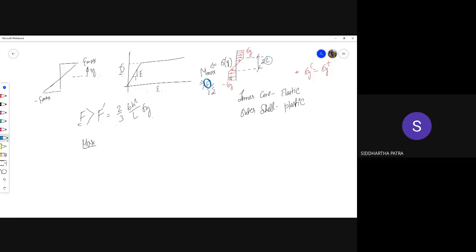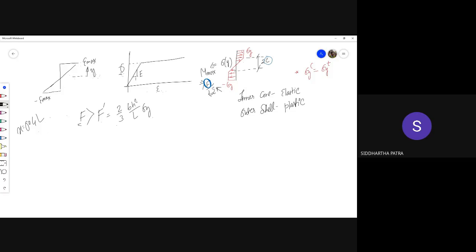For that, you should be in a position to relate between the maximum bending moment. I'm still considering that central cross section, the middle cross section. Actually, you can do this exercise for any cross section. Let's say you can do that calculation at x equals 0.4 L instead of 0.5 L. If it is 0.4 L, you simply write it to be 0.4 L right here.